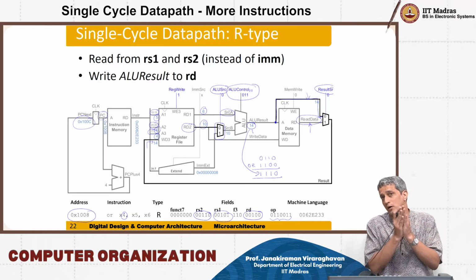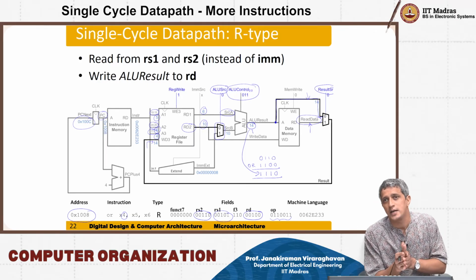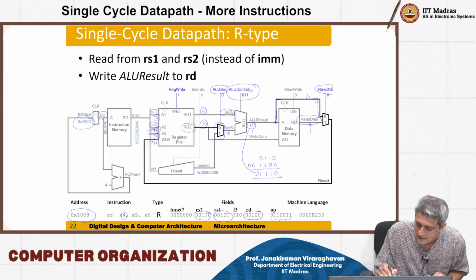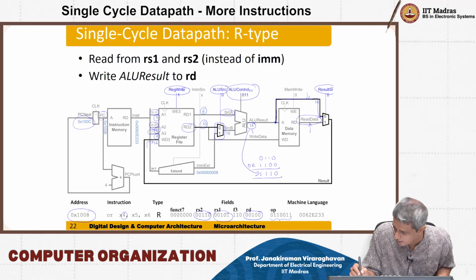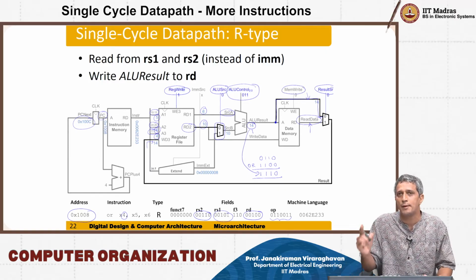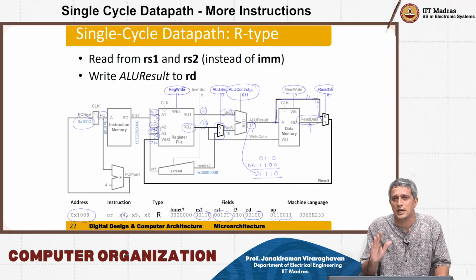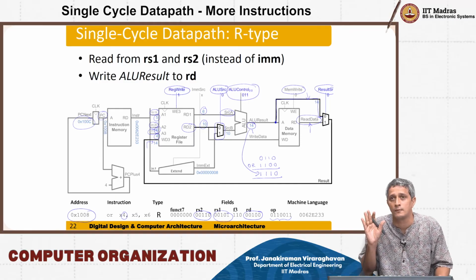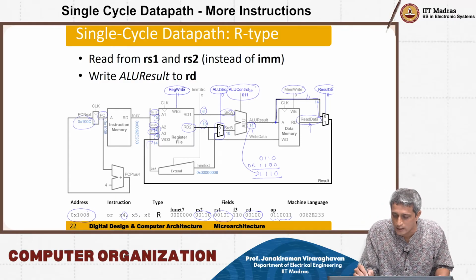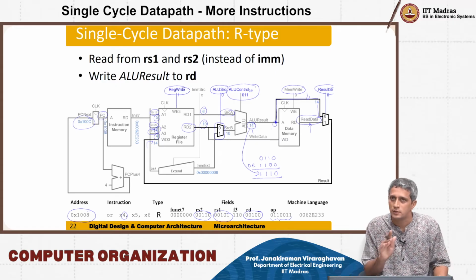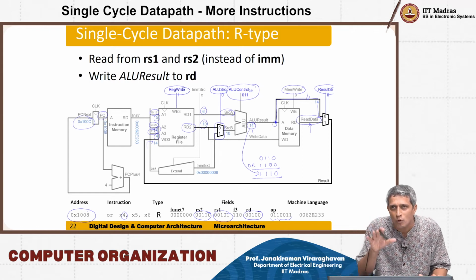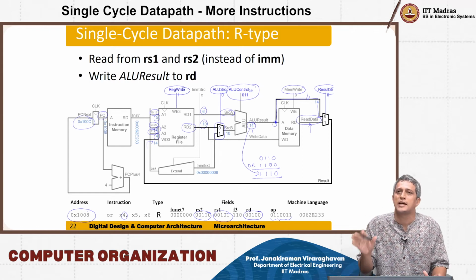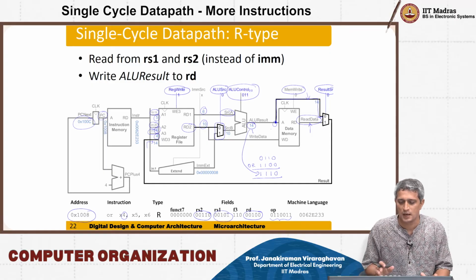Now what determines whether you write into this register or not? Again, it's this reg write signal. This goes high. Note that in this case my mem write has to be 0, otherwise you will end up writing into that memory. Whatever data came from the ALU is fed to the address port of that memory, but I don't want to write, and therefore my mem write has to be 0 in this case.